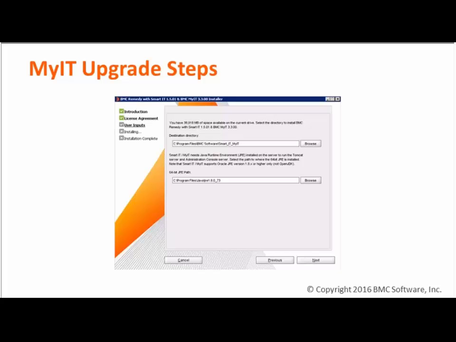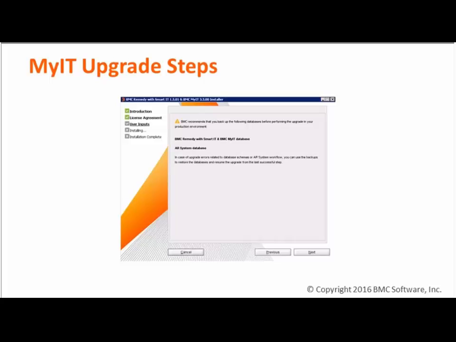You have seen the screen already. It will ask you to specify the path where the MyIT server is, the installation location and the JRE path. Then it will give you this screen with a warning that for upgrade it is important to take backups before you do the upgrade, because there is no rollback capability in the installer.